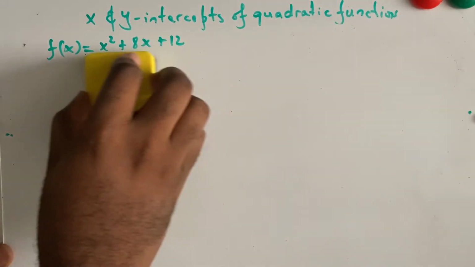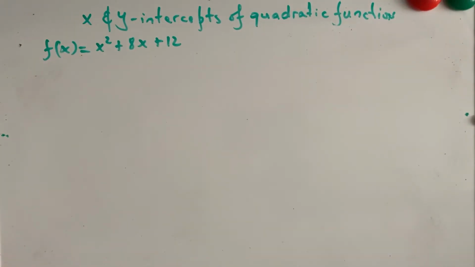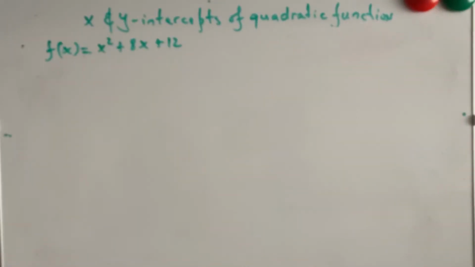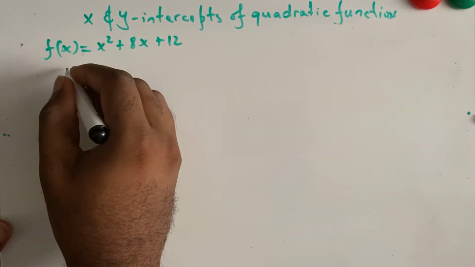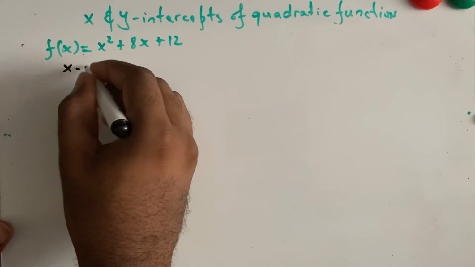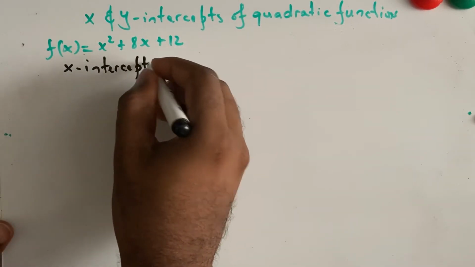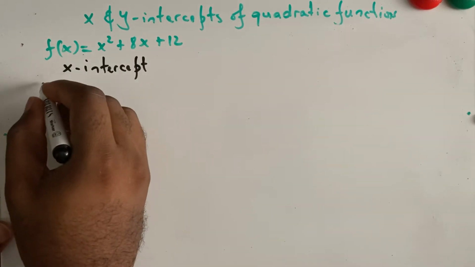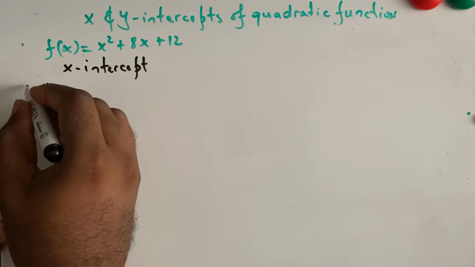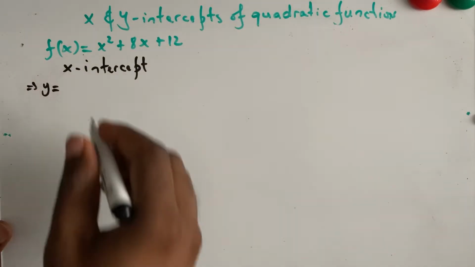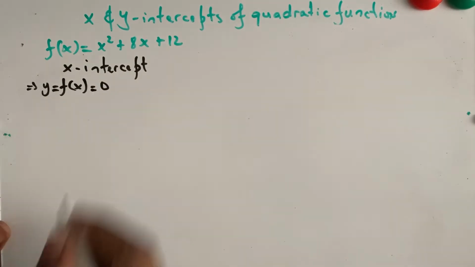Okay, so let's get the x-intercept. I need to get the x and y-intercept, so first I'm going to say x-intercept. To get the x-intercept here, I know that y, or f of x, must be 0, okay?